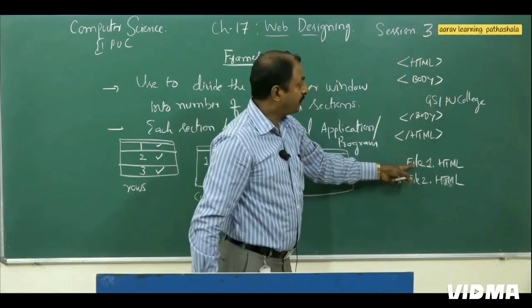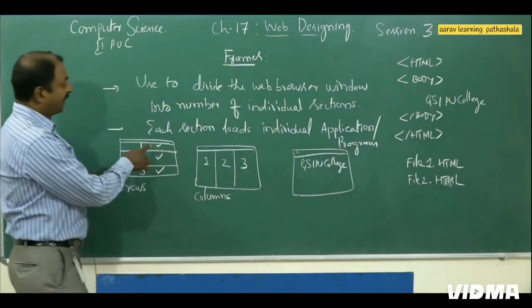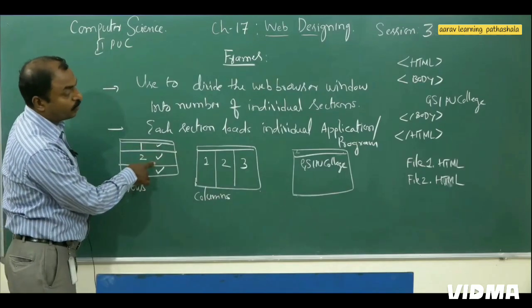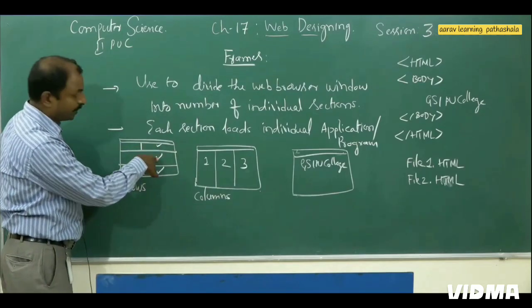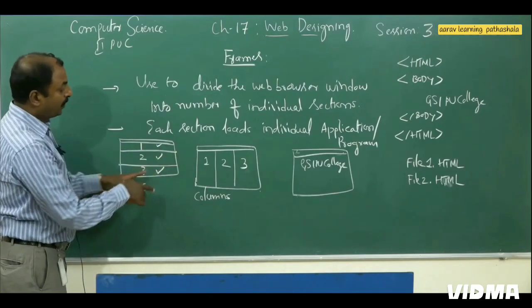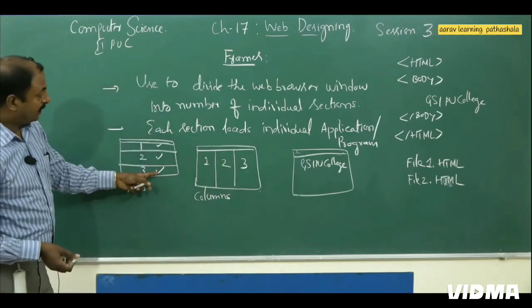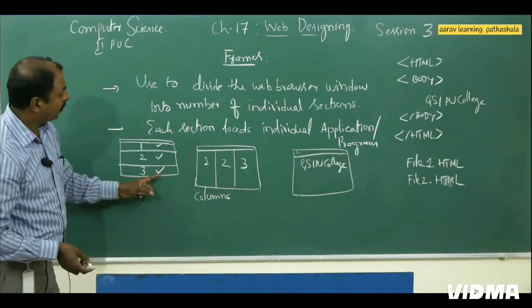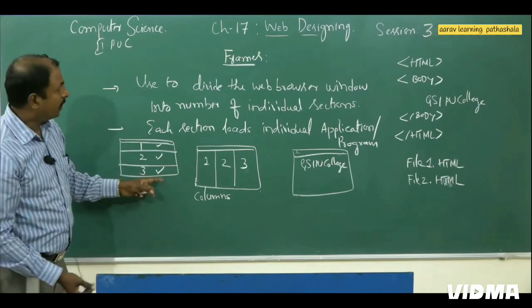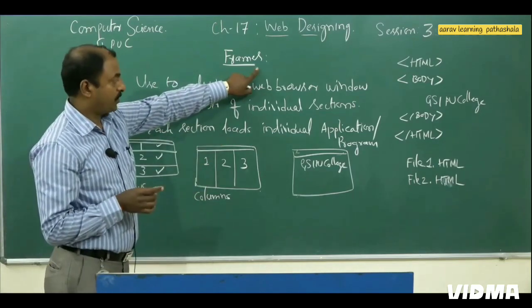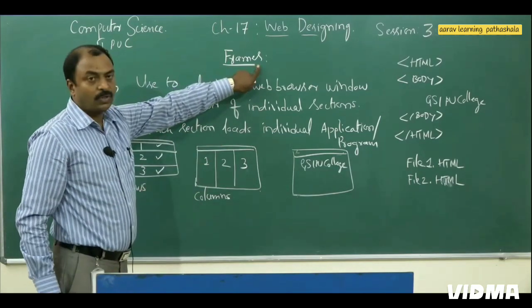Suppose this is file 1. File 1 can be written here. Suppose I write one more HTML file, it comes here. Suppose you have written one more HTML program and you open this, it can be displayed in row 3. So this is the meaning of frames, or the use of frames.